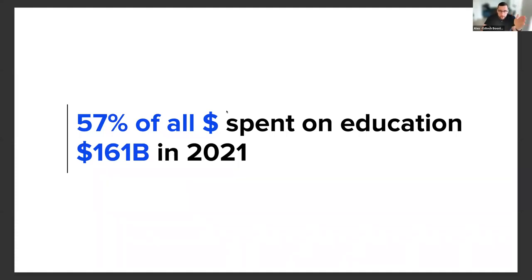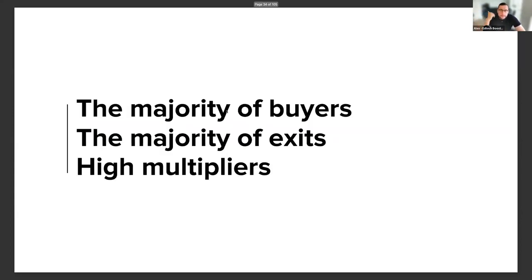I looked, and it turned out that 161 billion was spent on education in 2021 in the US market only, whereas the whole market size of educational products worldwide is about 240 or 260. I don't remember exactly. So 57% of all money spent on education worldwide is spent here in the US.